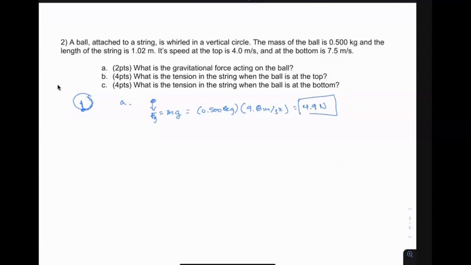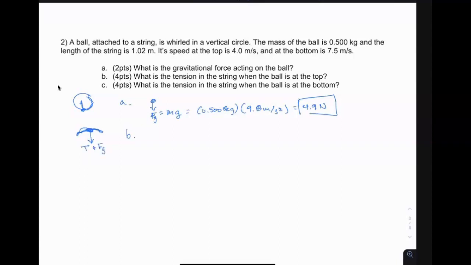In part B, we're asked what is the tension in the string when the ball is at the top. Well, when the ball is at the top, it has the tension force acting down and the gravitational force.